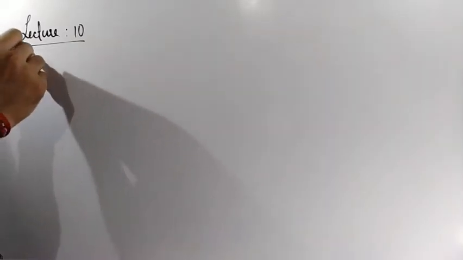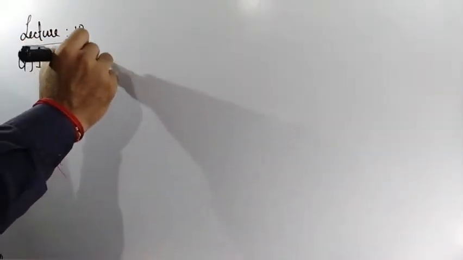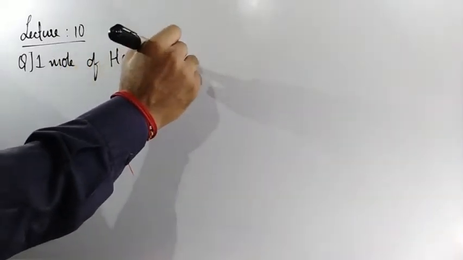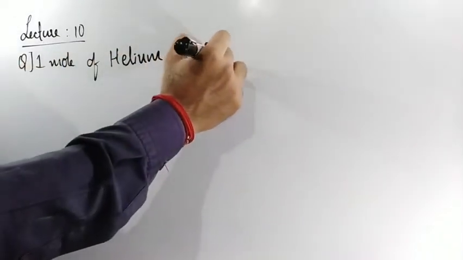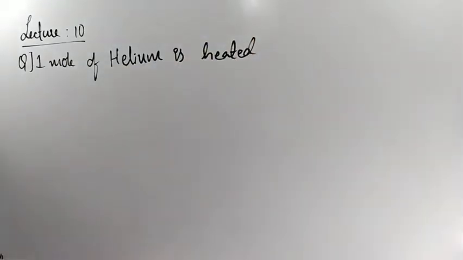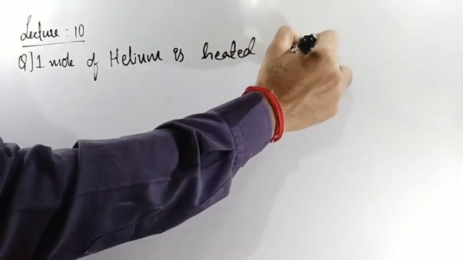So the first question is: 1 mole of helium is heated from 25 degrees Celsius to 125 degrees Celsius.